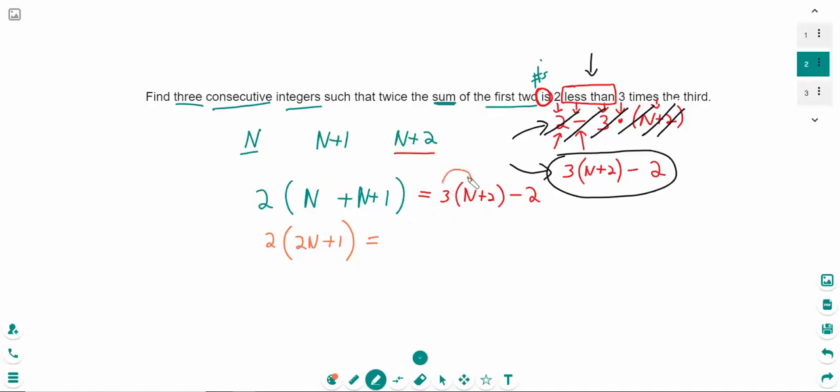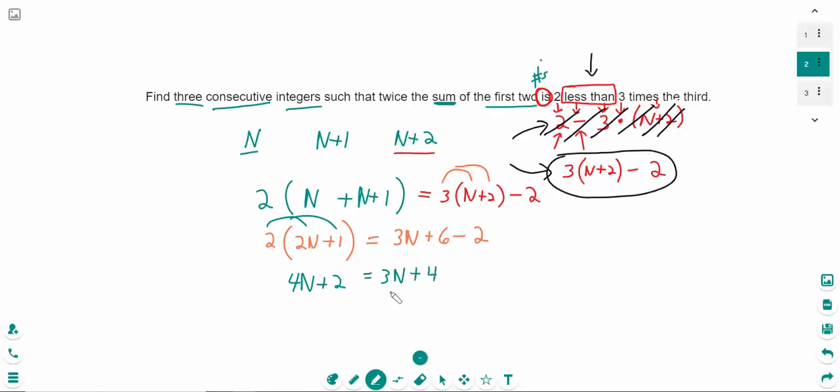So we distribute this 3 through and get 3n plus 6, and then we have this minus 2 still on the end. Then we distribute this 2 through. So we have 4n plus 2 is equal to 3n plus 6 minus 2, that's going to be plus 4.